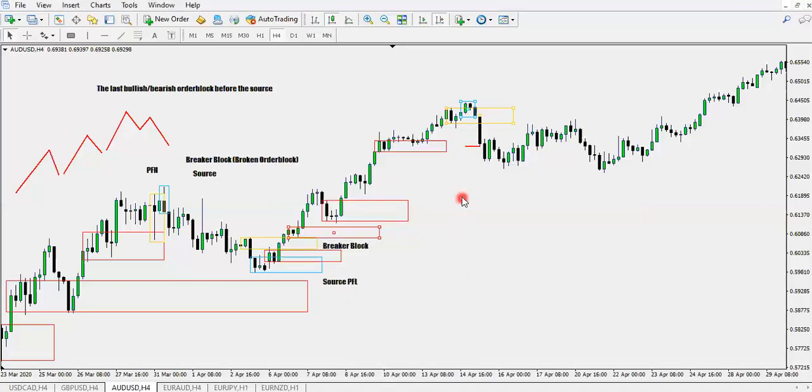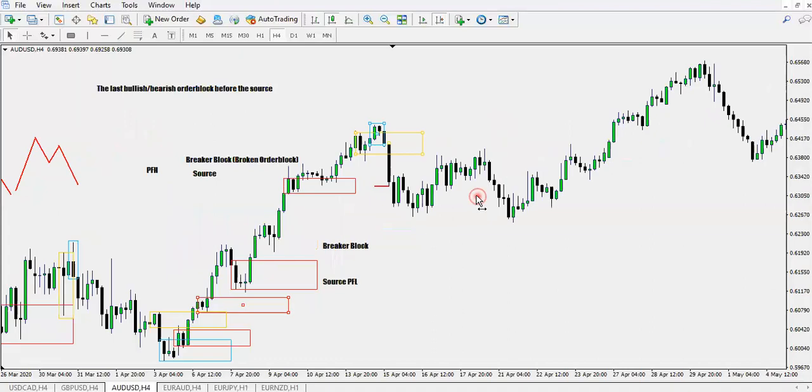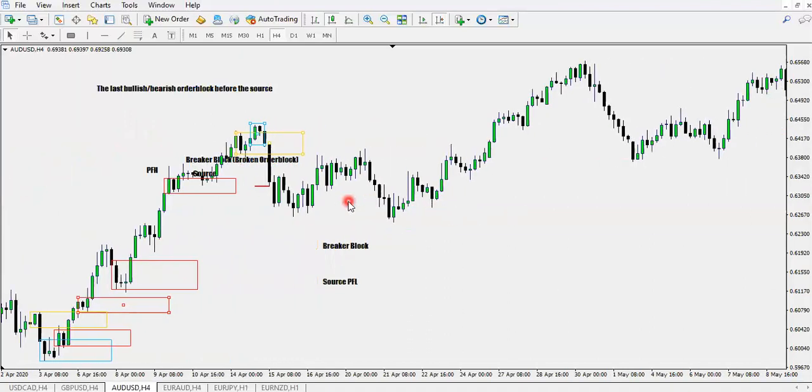Okay, so basically price then continued downwards, and you can see that in certain cases, like for instance here, there is some consolidation, but generally we want to wait for price to come back up and retest our source.